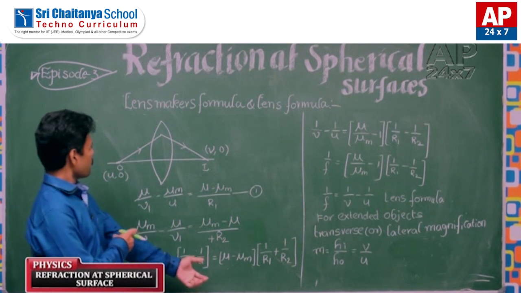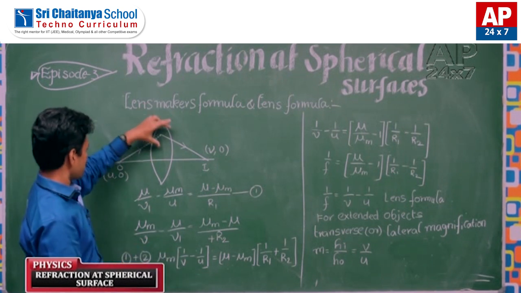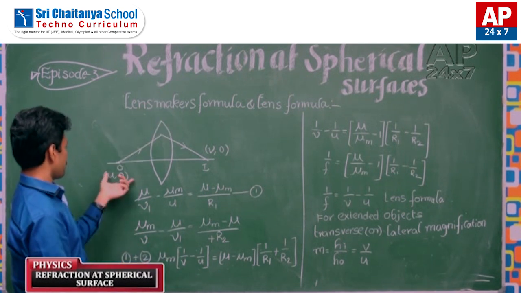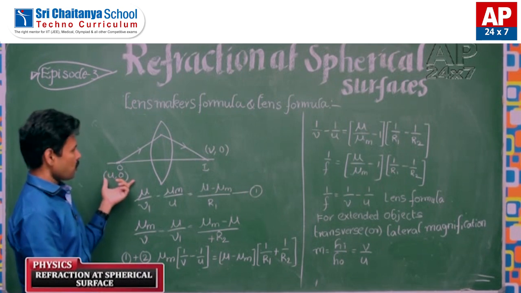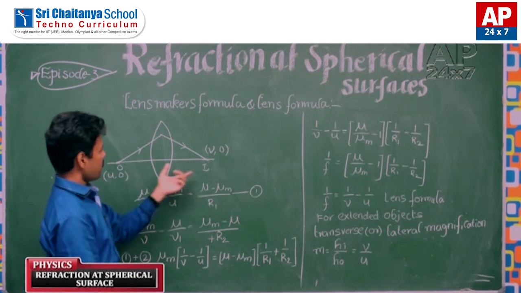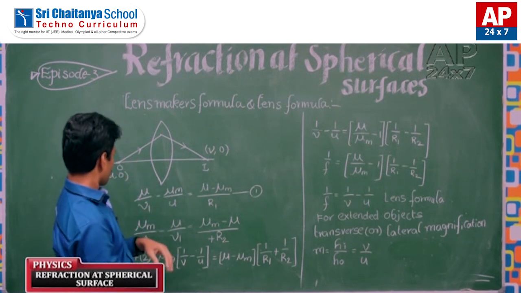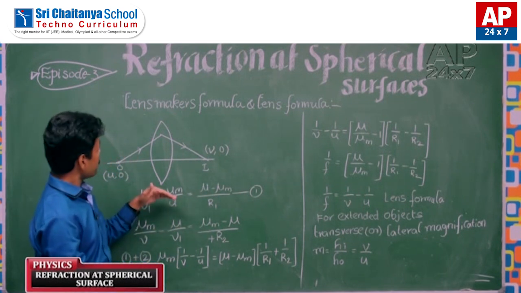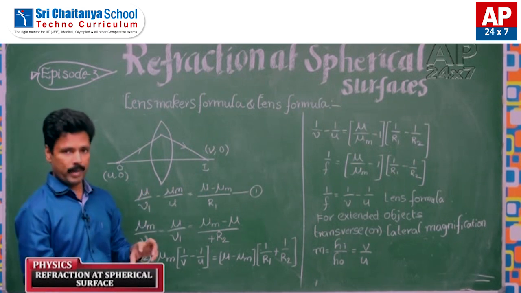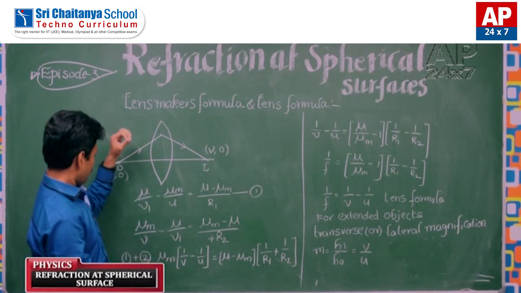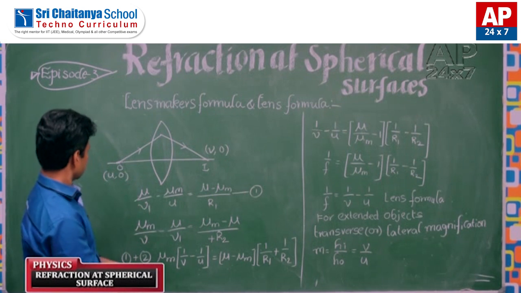For example, we are taking here a biconvex lens, taking an object here whose coordinates are u comma 0, and that of the image v comma 0. Now applying the equation for refraction at a spherical surface, taking this boundary.